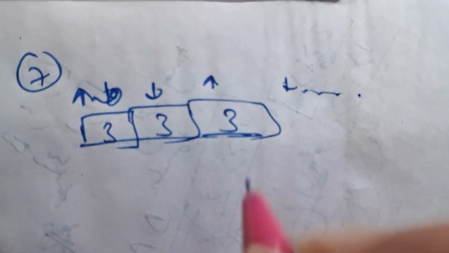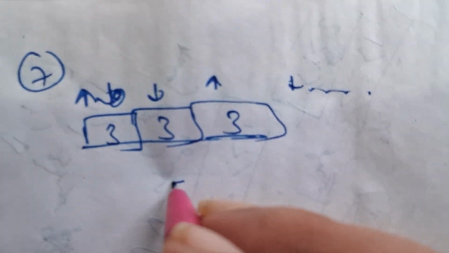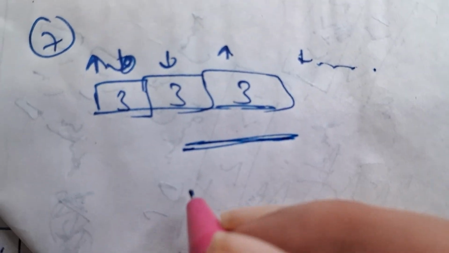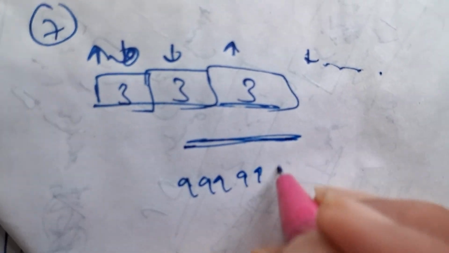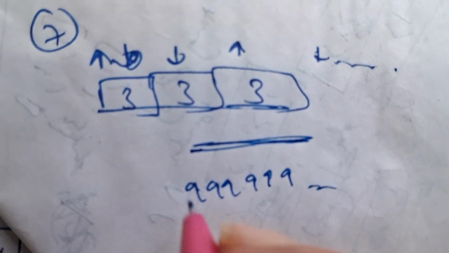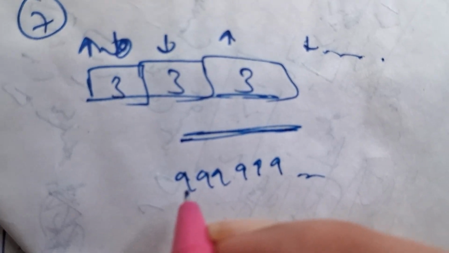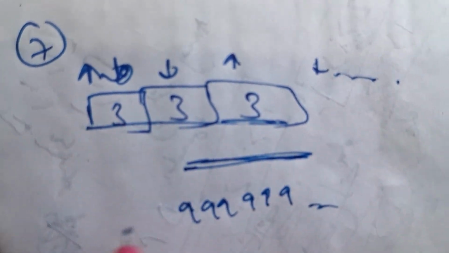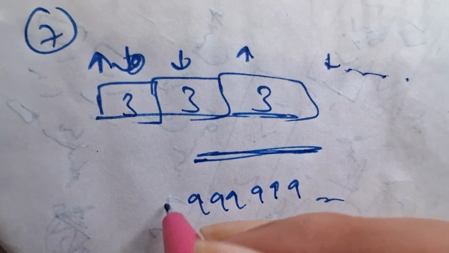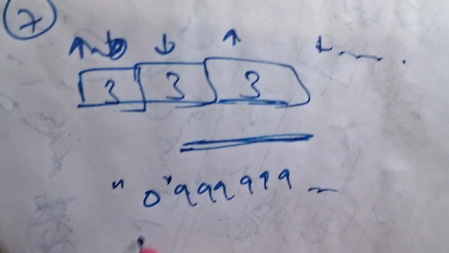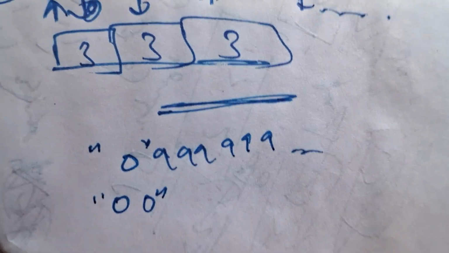Now let's say we have an n digit number of 999. The first element is 9. To make the number of digits divisible by 3, we can either add 1 zero or we can add 2 zeros, right?